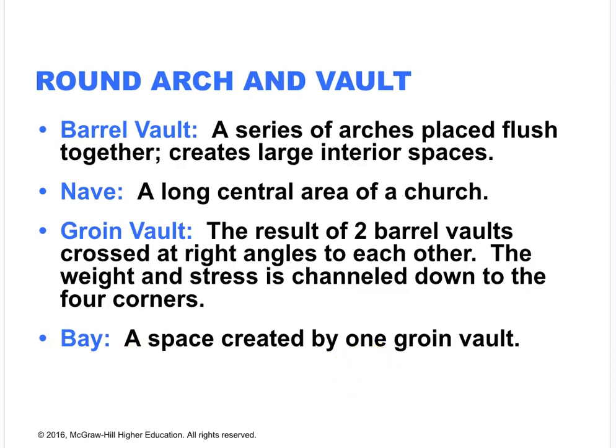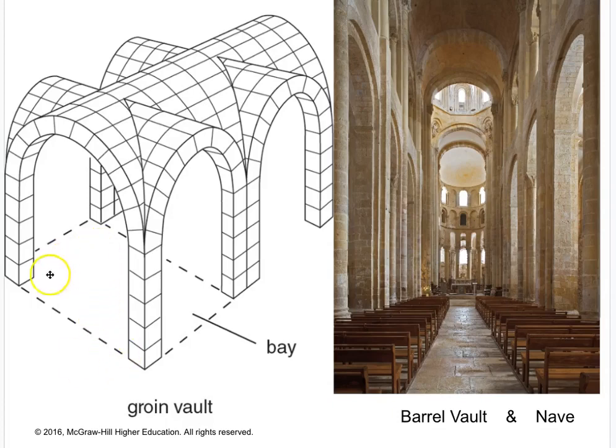So let me go back to this. If you have these things written down, you can see again, what they've dotted out here is that space created by this one and this one intersecting. Two barrel vaults intersecting creates a bay on the inside. And when you have two barrels intersecting, we call that a groin vault.